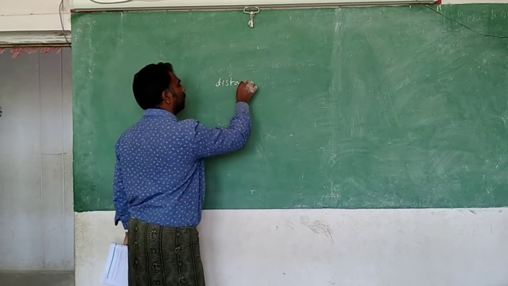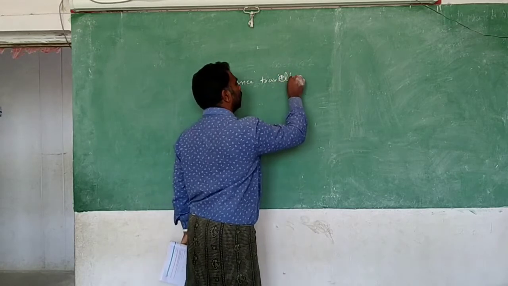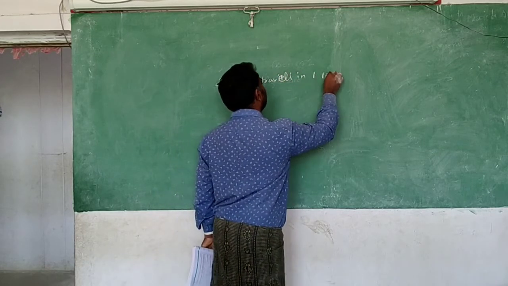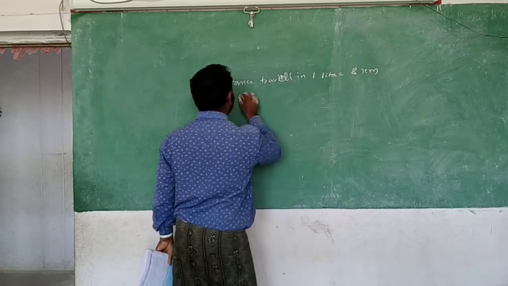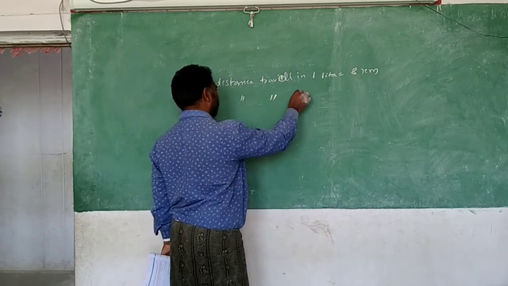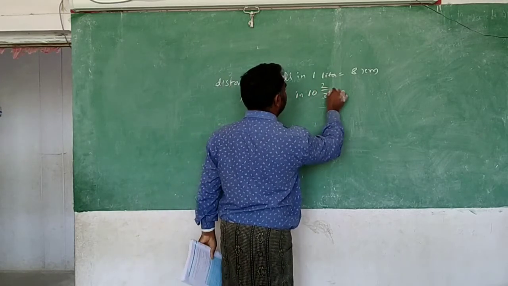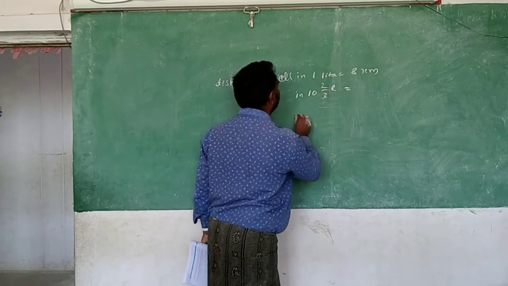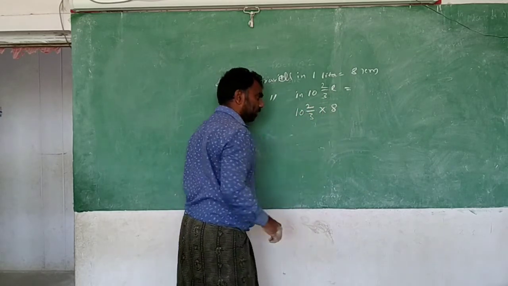So like this you will write the steps. Distance travelled in 1 liter is equal to 8 kilometers. The question is, distance travelled in 10 2/3 liters. Means what should we do? Yes, we will multiply 10 2/3 into 8.